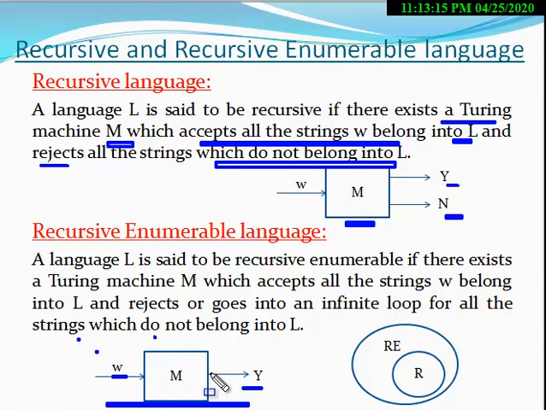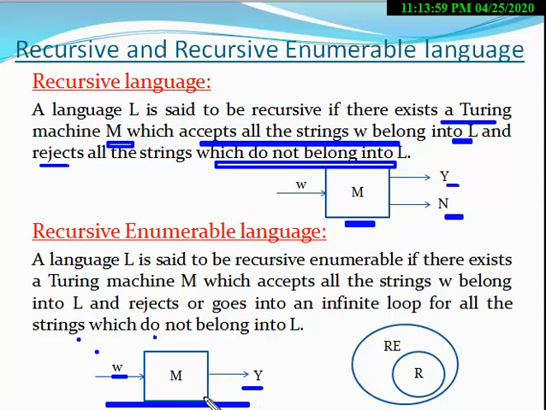That is, if W does not belong to L, the machine cannot give any answer. In this situation, the machine goes into an infinite loop. If the machine goes into an infinite loop, it means no reply is given by the machine, right? So this type of Turing machine only finds the answer if the string is accepted by this machine. If the string is accepted, then the answer will be yes. But if the string is not accepted, then in this case there is no answer from this machine, right?